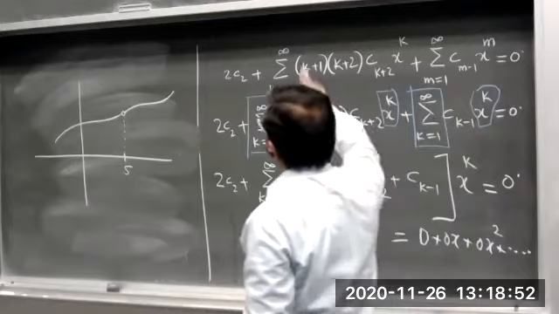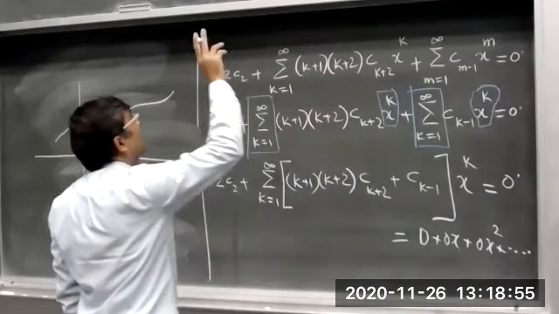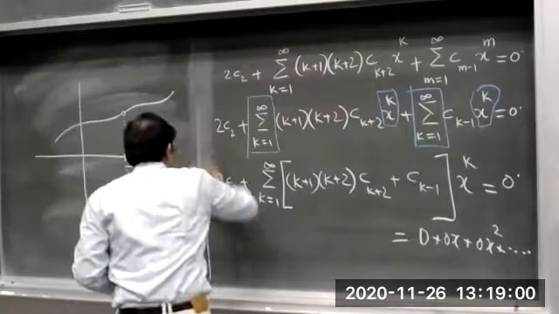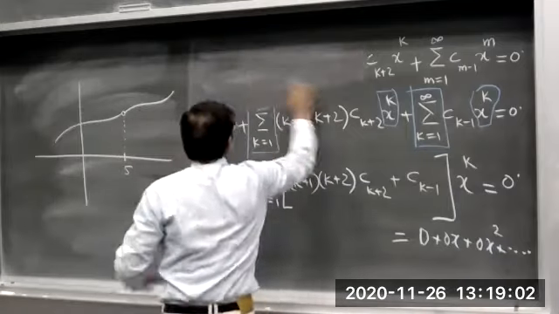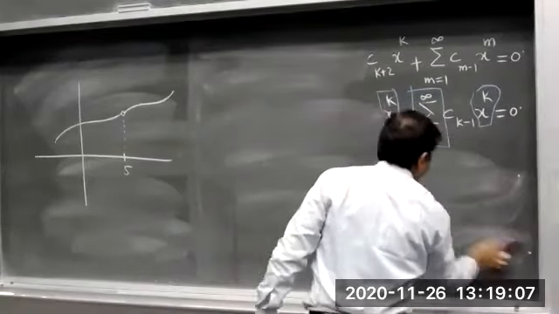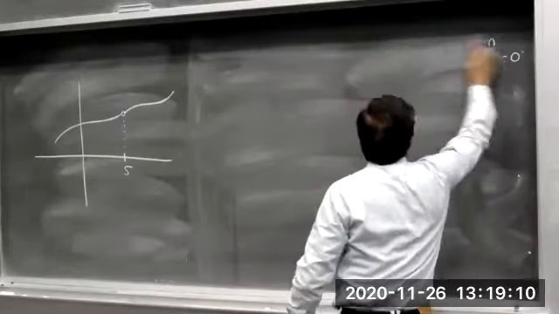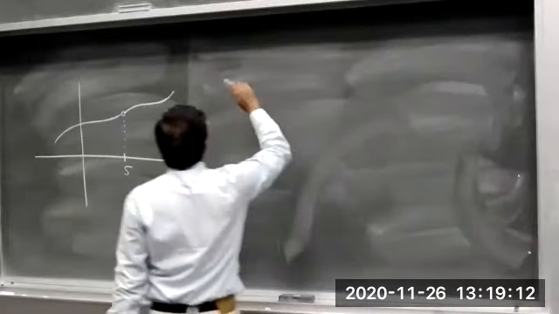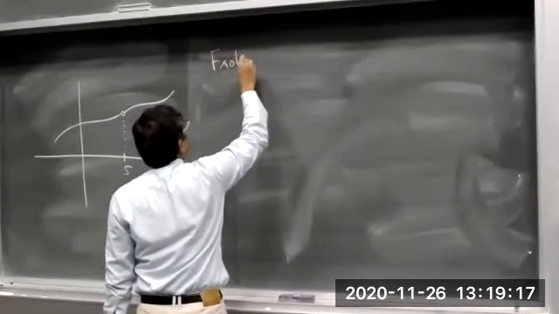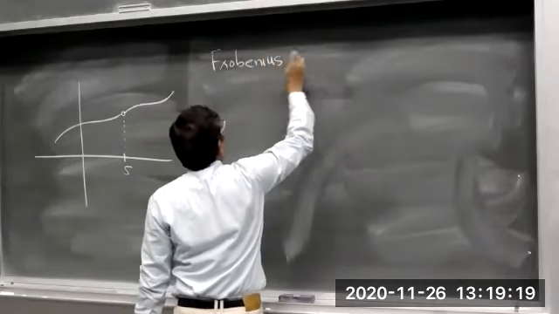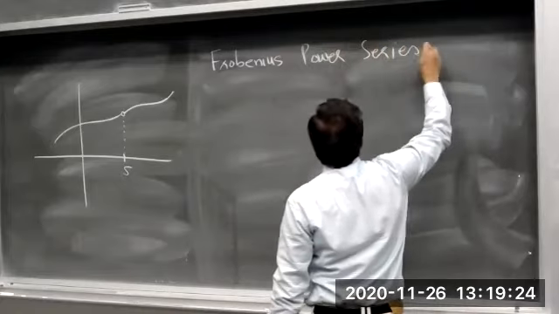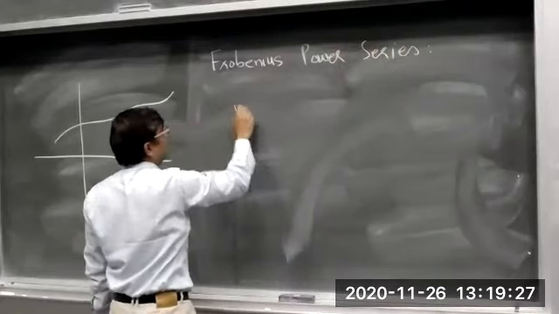If that singular point is a regular singular point, then by changing the power series accordingly, we can find the solution. ठीक है। अब हम फ्रोबेनियस मेथड में जो पावर सीरीज असयूम करते हैं, Frobenius power series, that is something different from the regular power series.